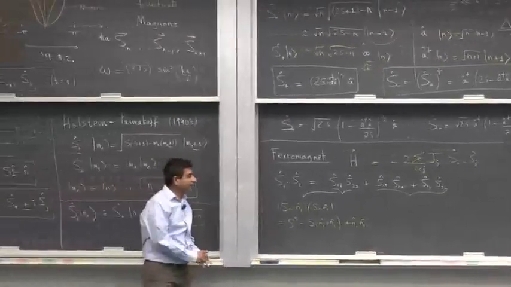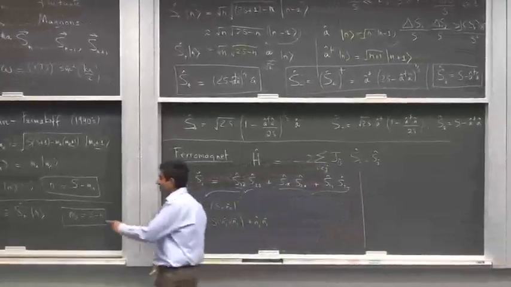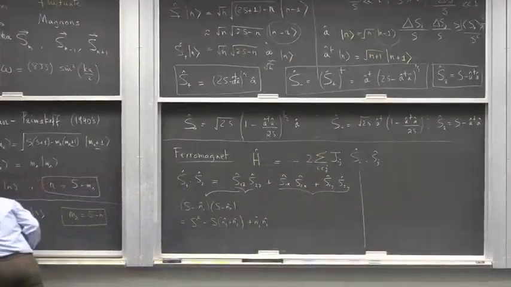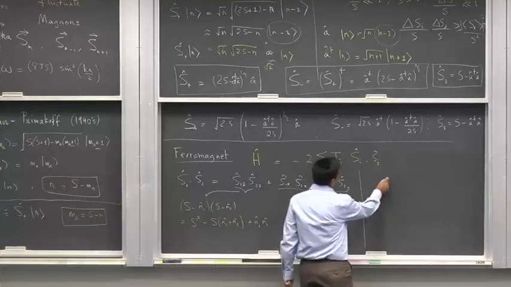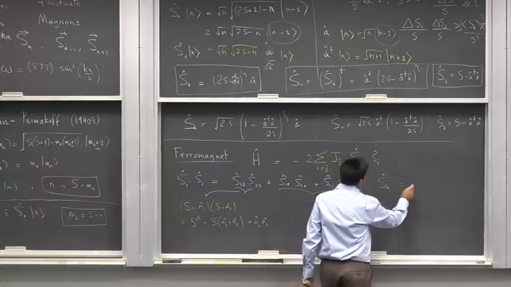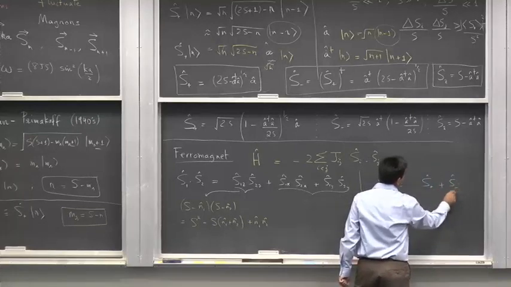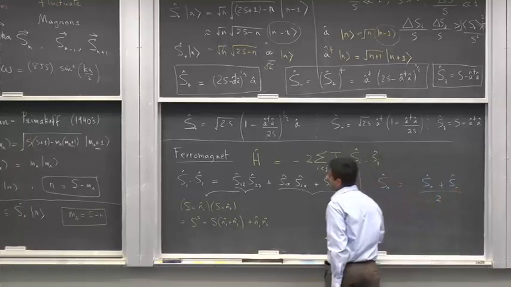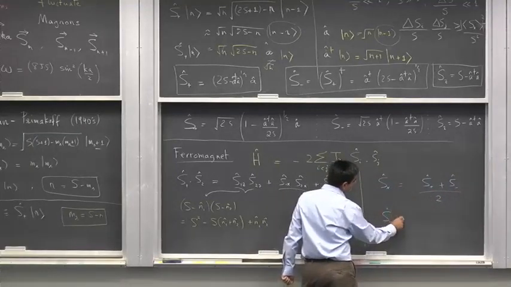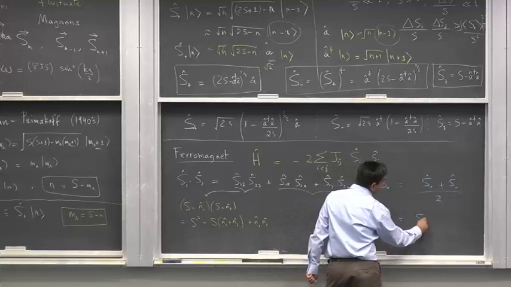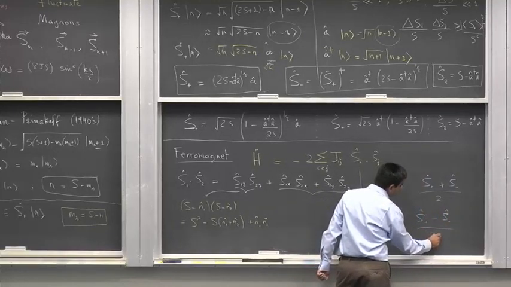Sx is going to be given by S plus plus S minus over 2, and Sy is written as S plus minus S minus over 2i.